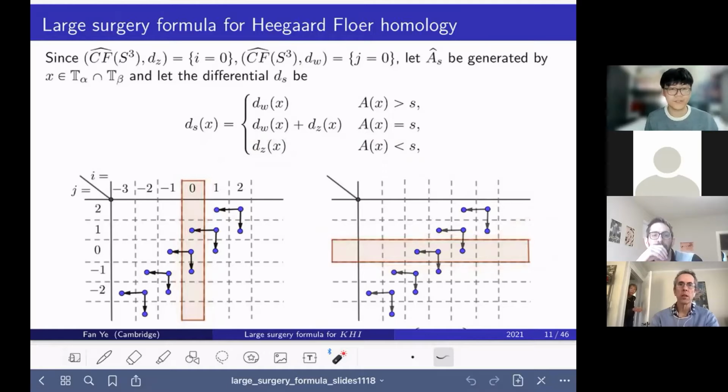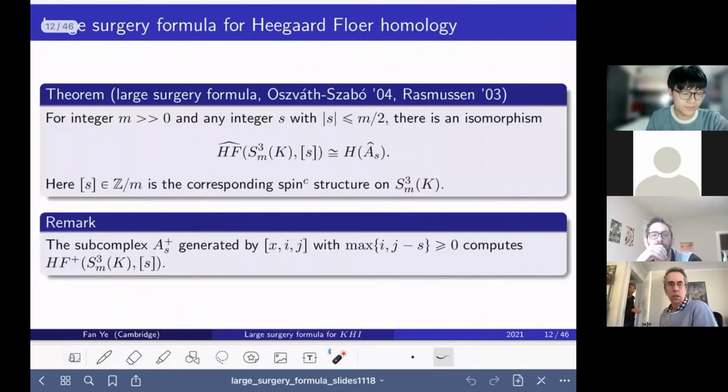Okay, and the reason to introduce the band complex is the following theorem. This is the large surgery formula by Ozsváth, Szabó, and also Rasmussen.